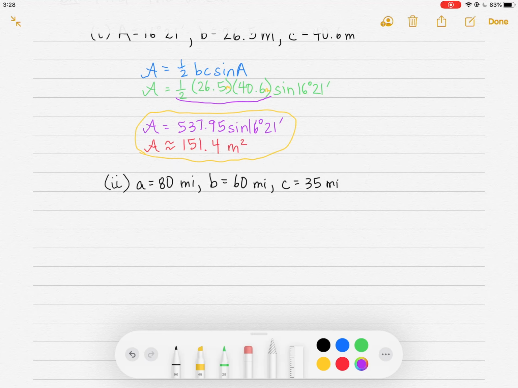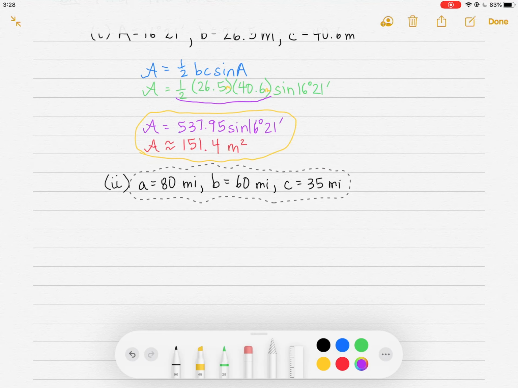Okay, example number 2, this time we're given side, side, side. Little a is 80 miles, little b 60 miles, little c is 35 miles. When you're given side, side, side, the first thing that you need to find is the semi-perimeter, which is 1/2 times a plus b plus c.